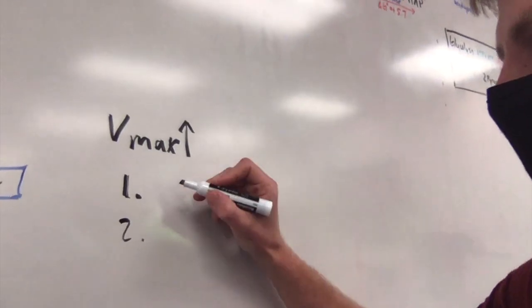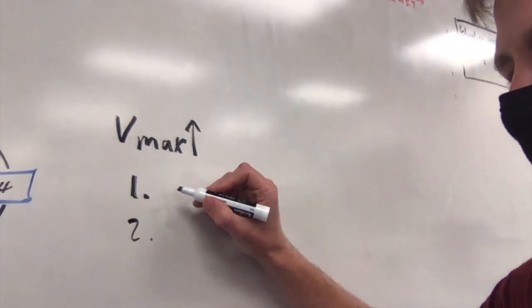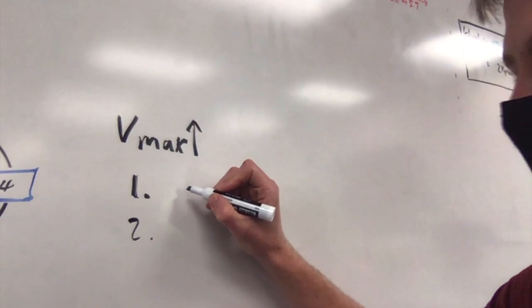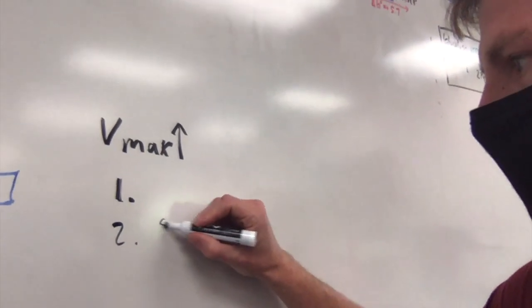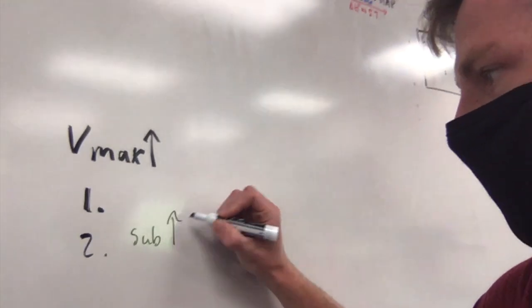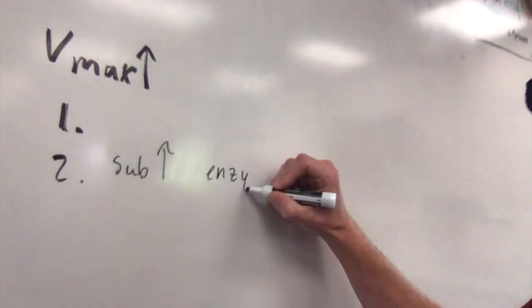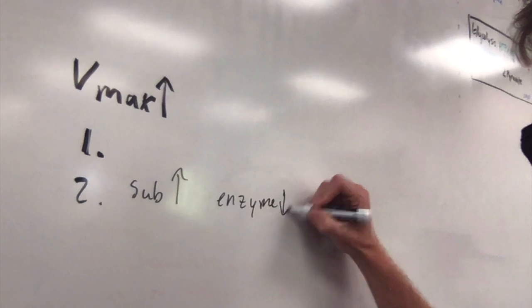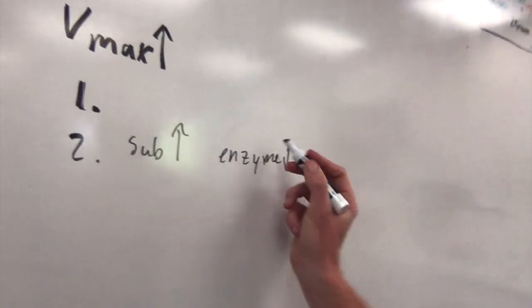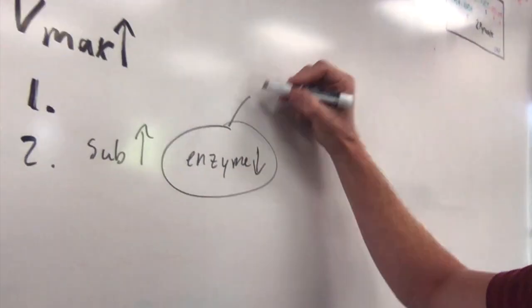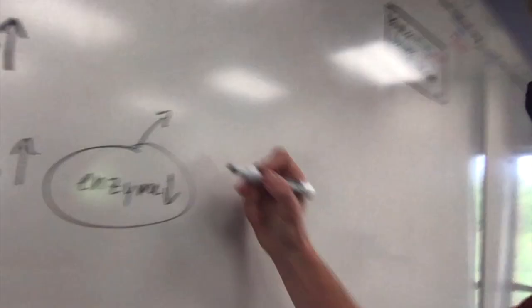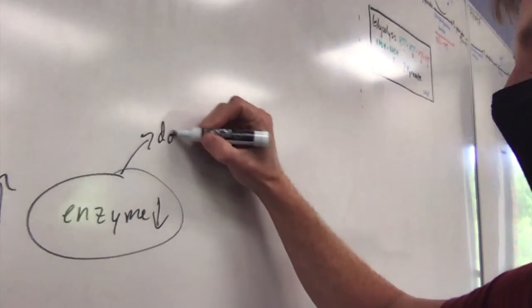Remember that number 1 is each enzyme only has one substrate, and then number 2 is that the substrate is going to be in excess. So we're going to have a lot of substrate when compared to the enzyme. This is the implied assumption, that this does not change.